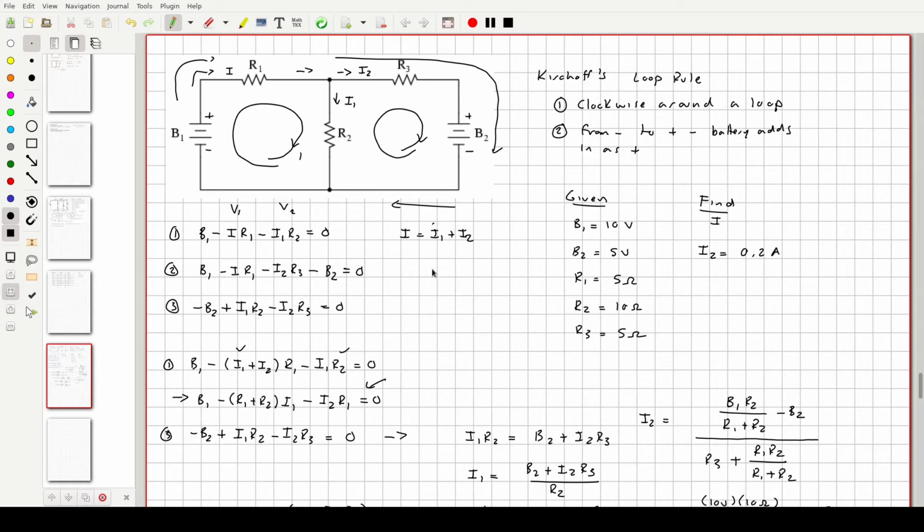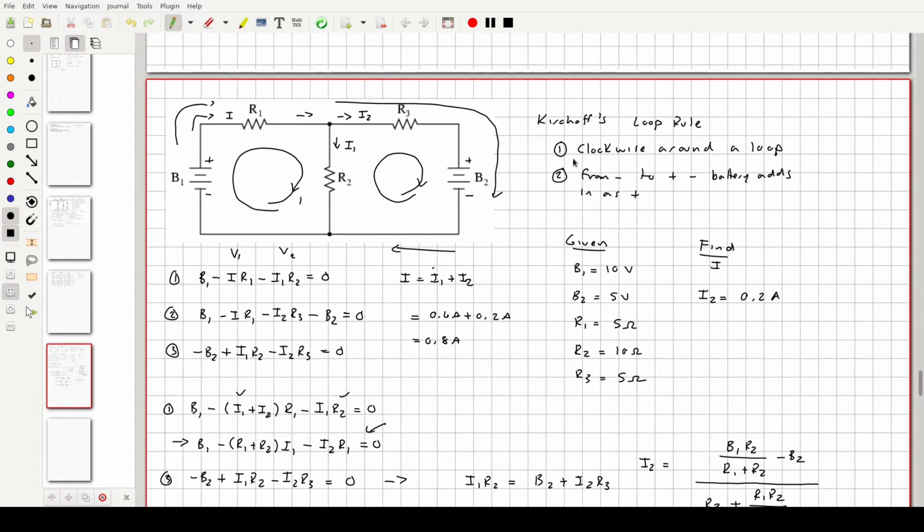So what that means is that our total current here would be 0.6 amps plus 0.2 amps, which is 0.8 amps. So the trick to using this loop rule is to stay true to the rules. Go clockwise, going from negative to positive across a battery like that makes the battery count as a positive.